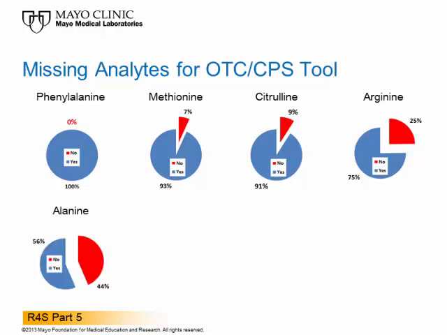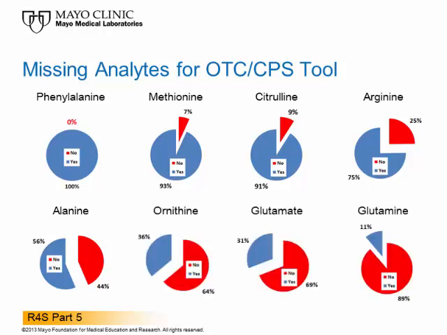Alanine is close to being evenly split, approximately 50-50, but ornithine, glutamate, and glutamine are indeed not measured by an overwhelming majority of labs. In summary, 40 to 90% of the participating laboratories do not routinely measure these clinically useful amino acids.